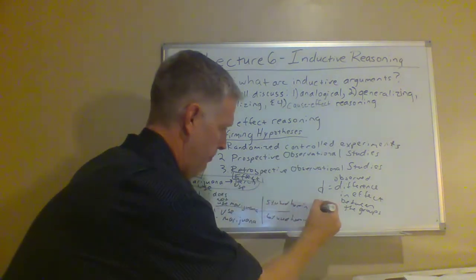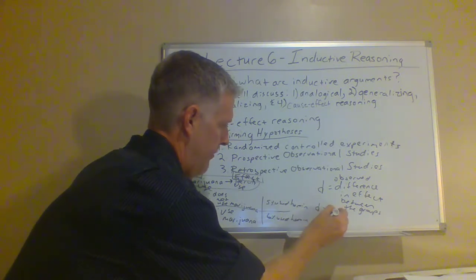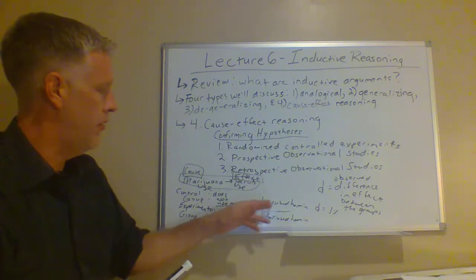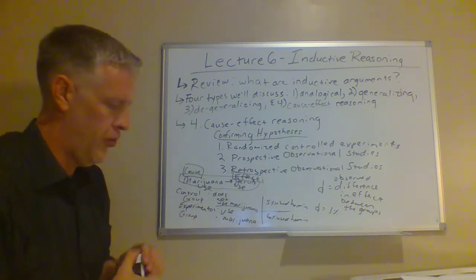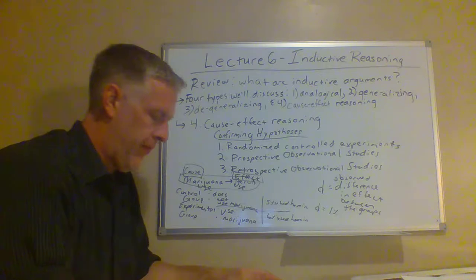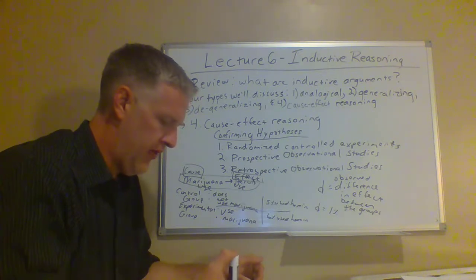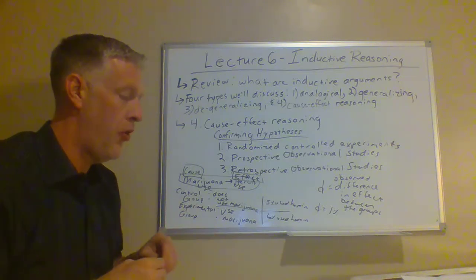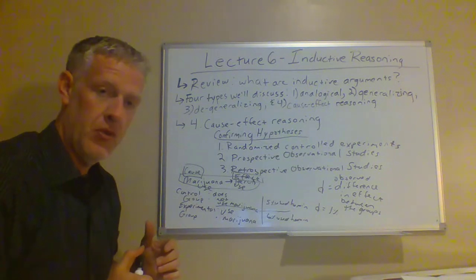So the D would be, in this case, 1%. The observed difference in effect, rather, is 1% between the two groups. And that's what I mentioned in the middle of slide 26. So be comfortable and familiar with both table 11.1 and 11.2.